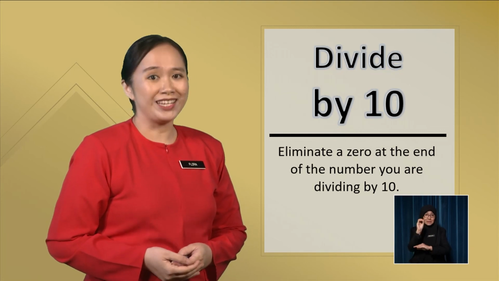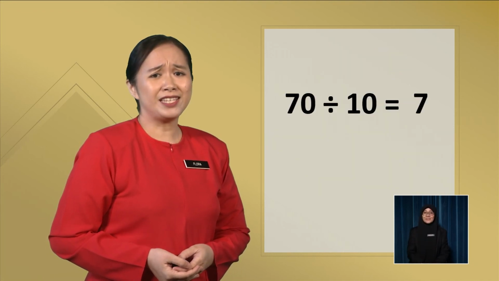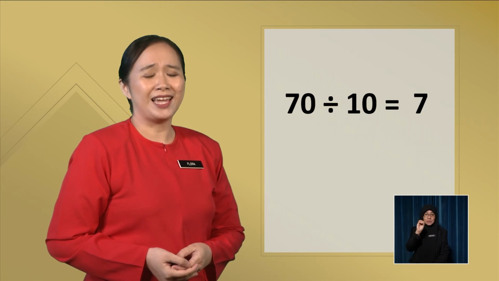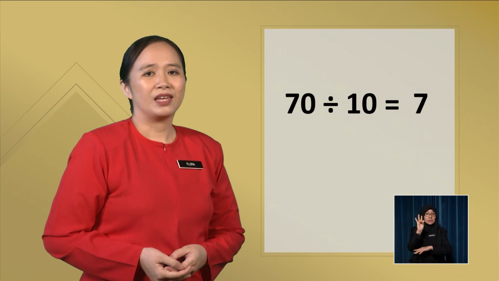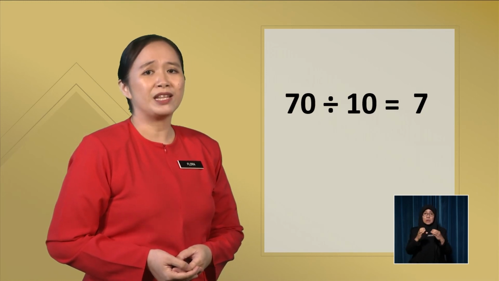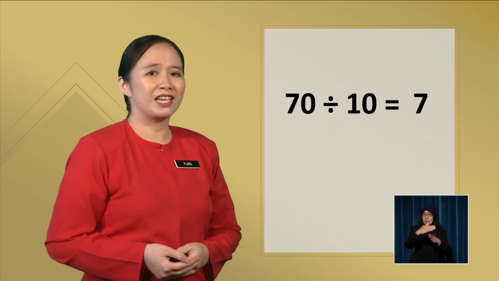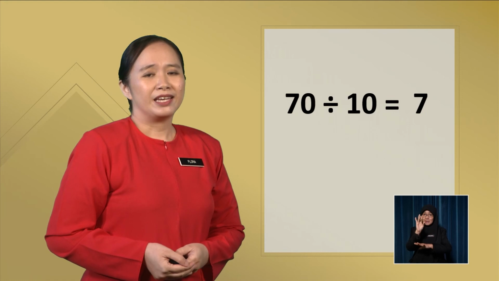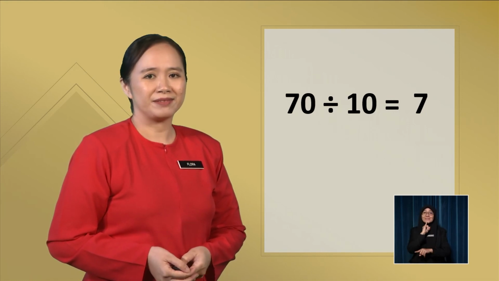Here is one example. 70 divided by 10 is equal to 7. All I needed to do was to eliminate one 0 at the end of 70. Therefore, my answer is 7.